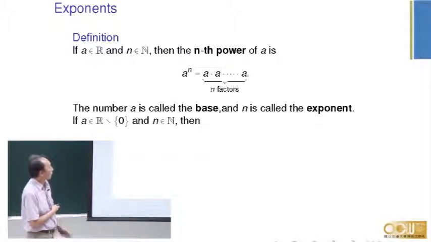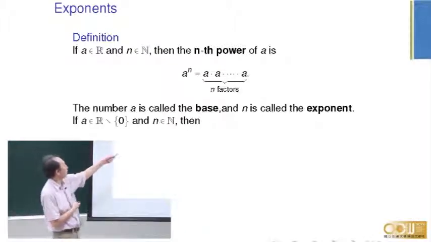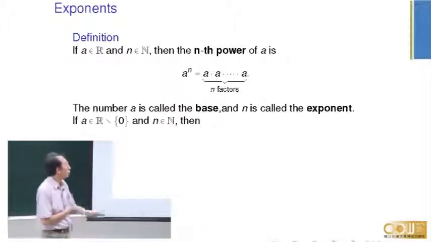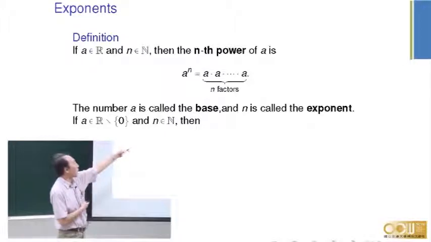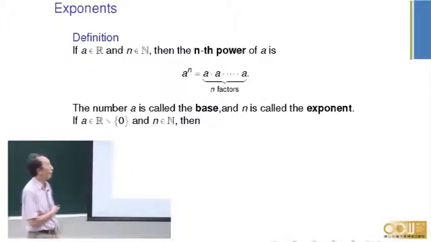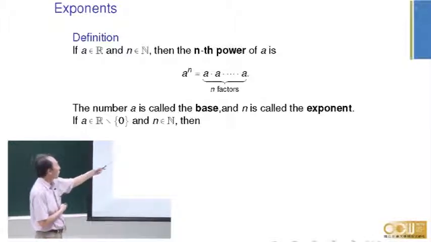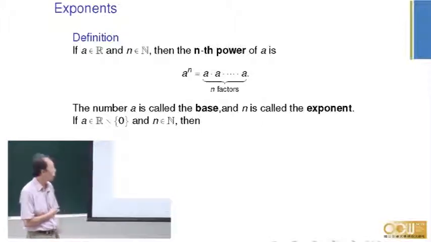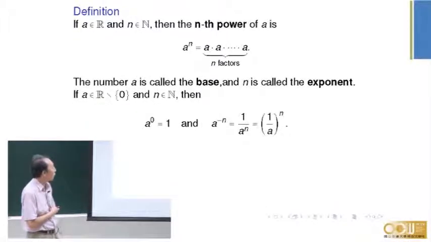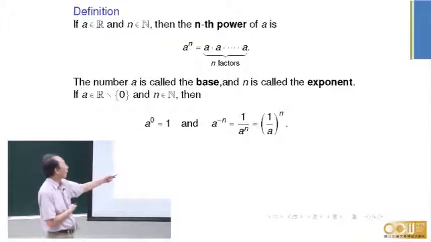Okay, next we try to generalize the exponent notation to allow the exponent n to be any integer. To do that extension, we have to assume the base number is not 0. We define a to the power of 0 equal to 1.